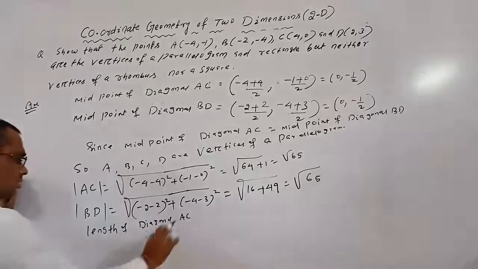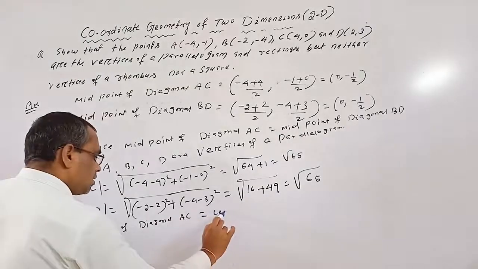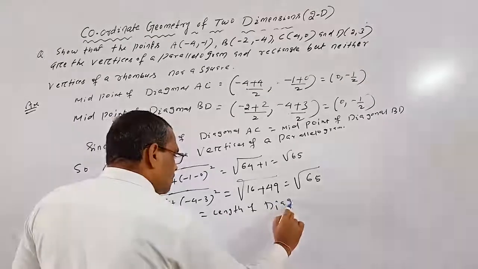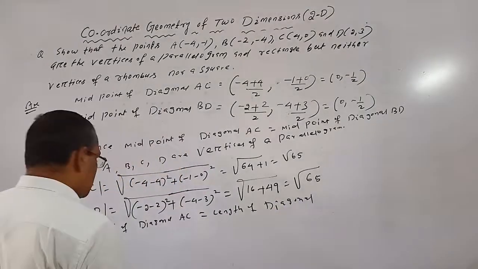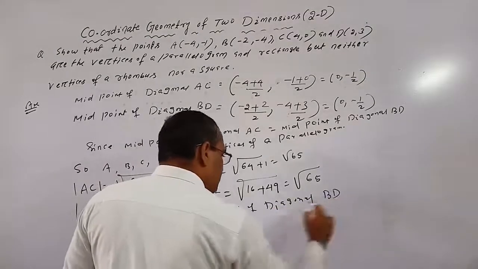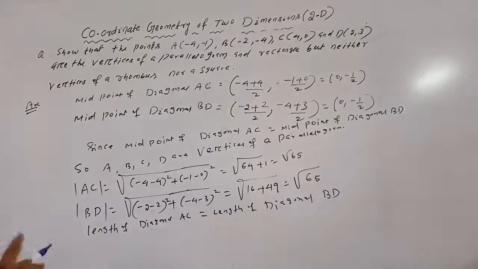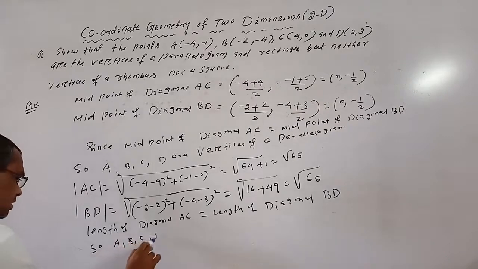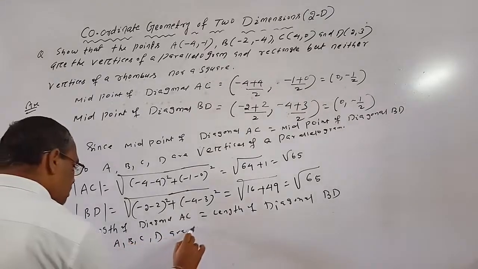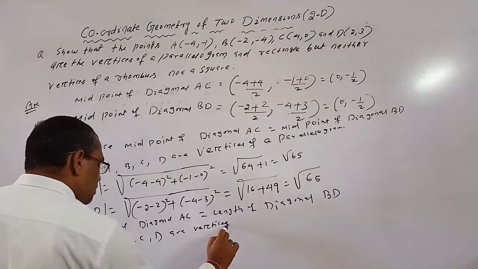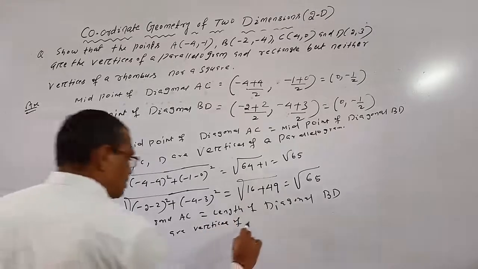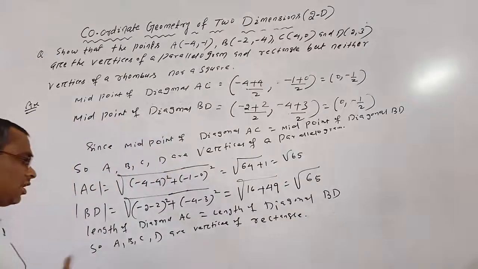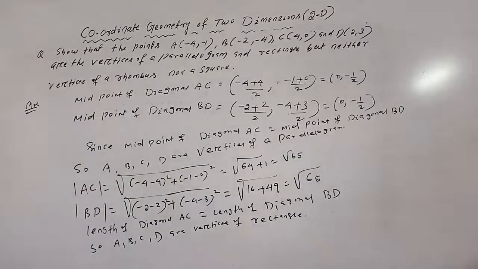Since length of diagonal AC equals length of diagonal BD, therefore these are the vertices of a parallelogram. So A, B, C, D are vertices of a rectangle, because you know in a rectangle the length of diagonals are equal.